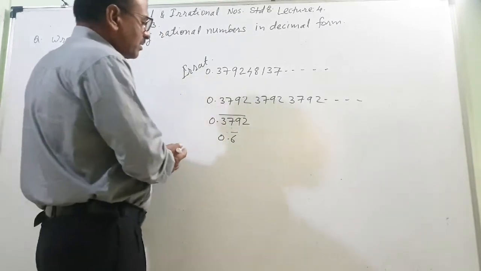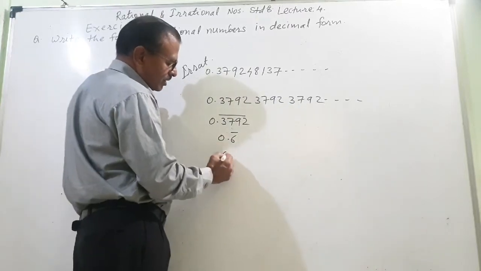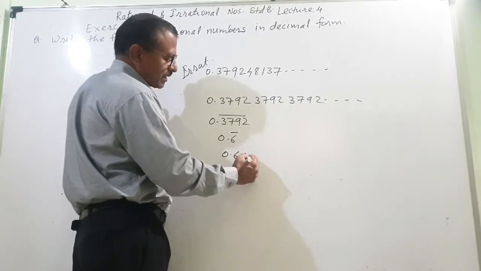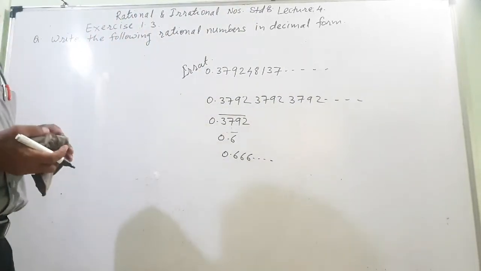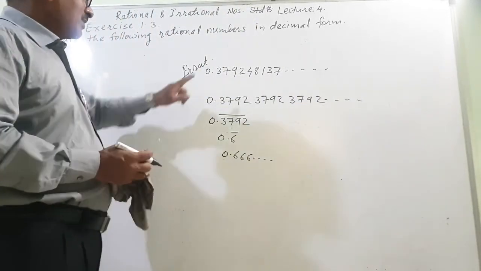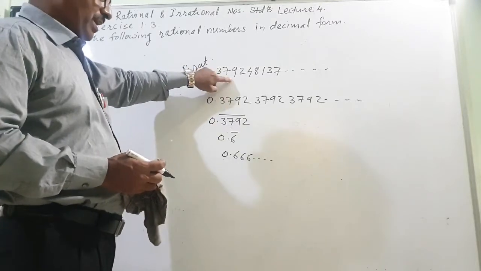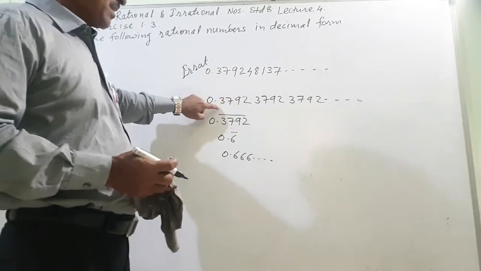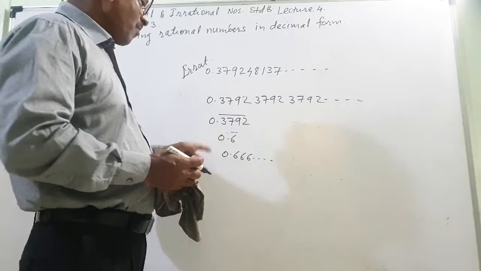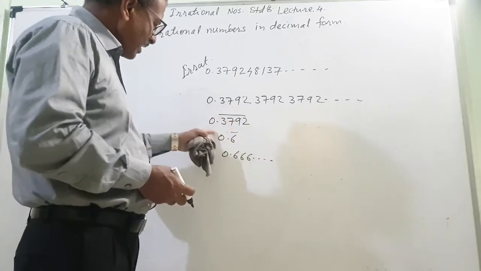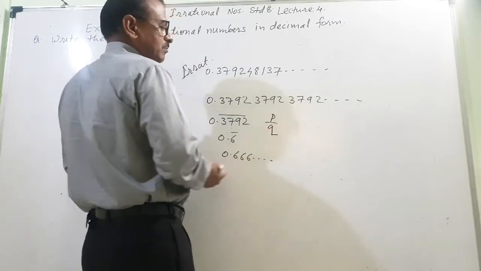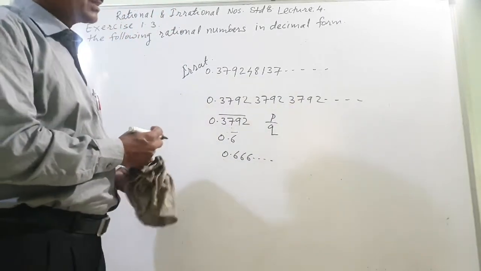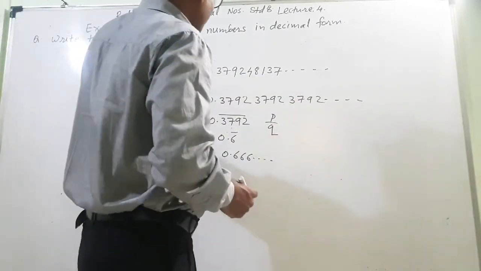So what is the meaning of this? The meaning of this is 0.666 and it is going on ahead. So this is irrational because it is not recurring. This is rational because it is recurring. Why? Because this also we can write in the form of P upon Q. That part we will discuss separately somewhere if needed.